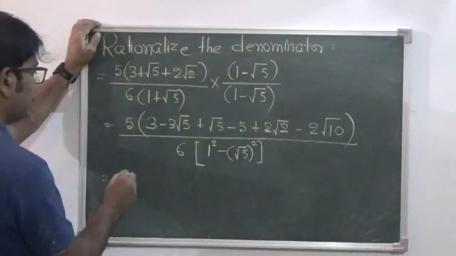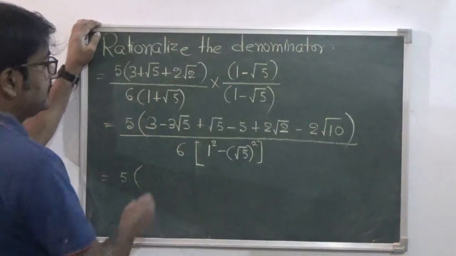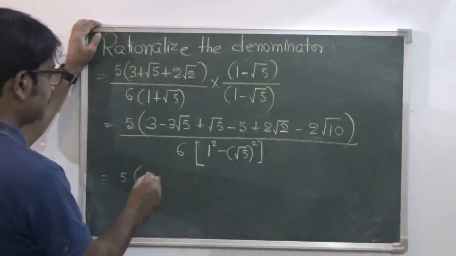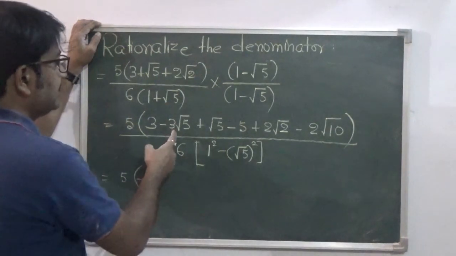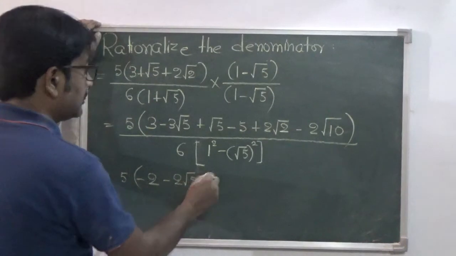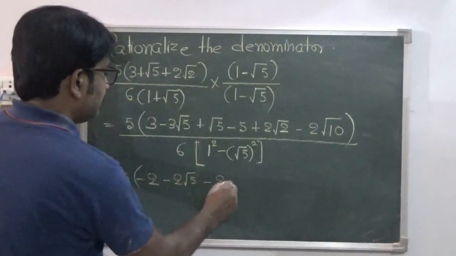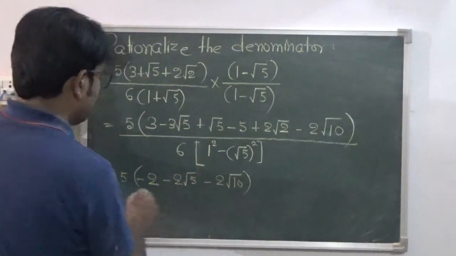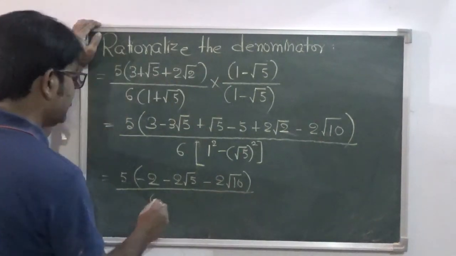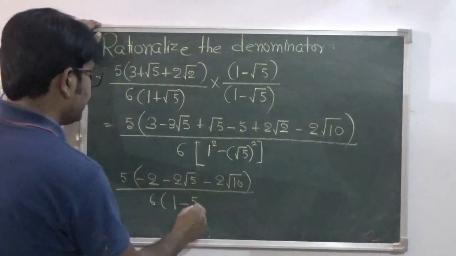So equals to 5 into 3 minus 5 is minus 2, so it is minus 2 minus 3 root 5 plus root 5, that is minus 2 root 5, minus 2 root 10 divided by 6 into 1 minus 5.